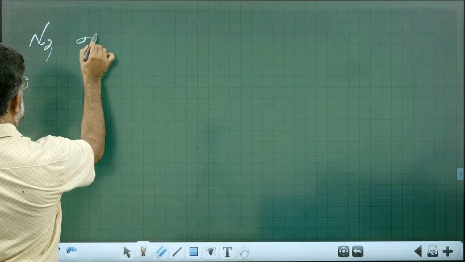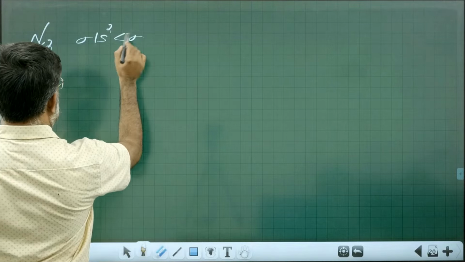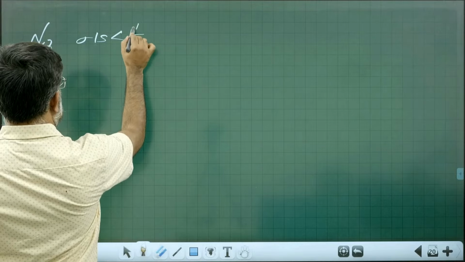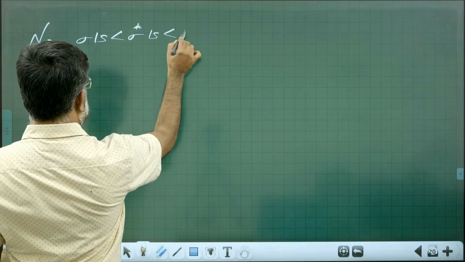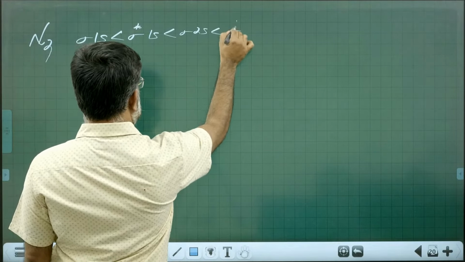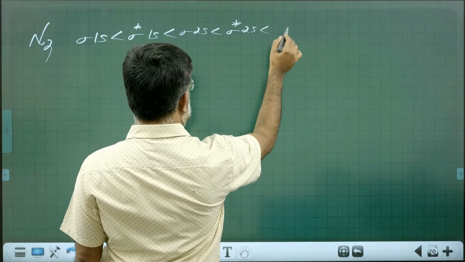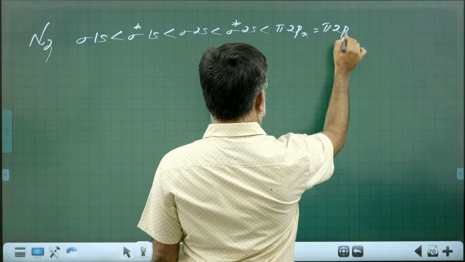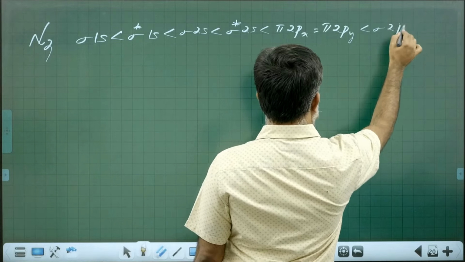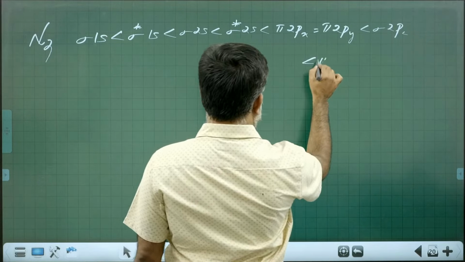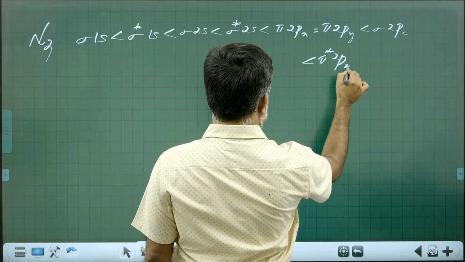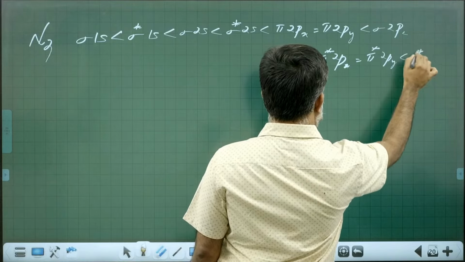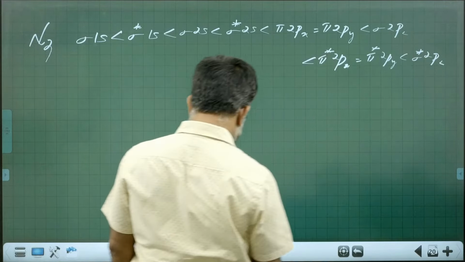It will be sigma 1s, sigma star 1s, sigma 2s, sigma star 2s, and now pi 2px, pi 2py, sigma 2pz, pi star 2px, pi star 2py, and sigma star 2pz. Only one change.